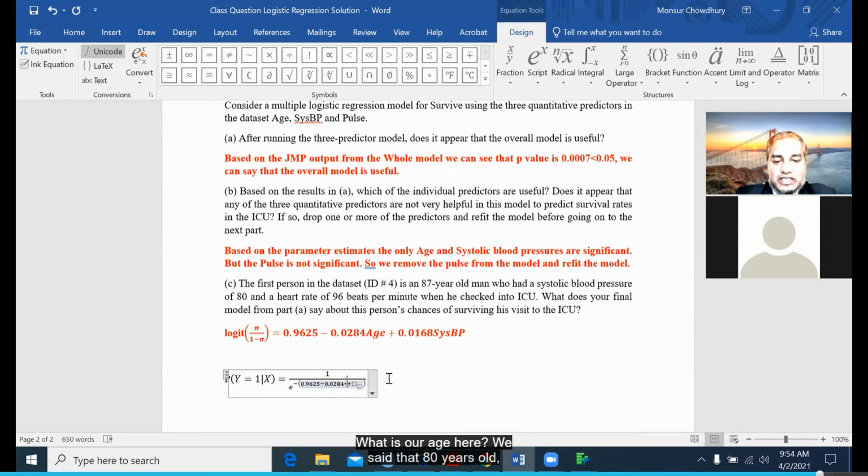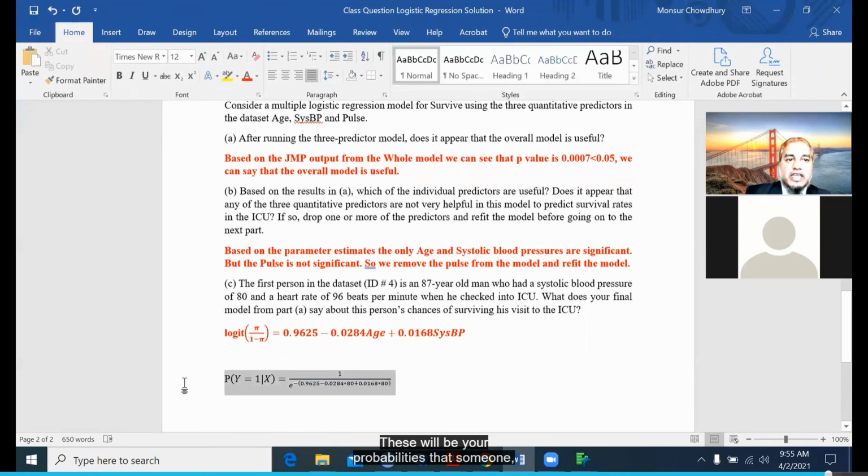We said that 80 years old, so we put 80 here. I am not putting exactly the formulas, I am just plugging in the values. 0.0168 times the value of the systolic blood pressure, you can see 80, so you plug in 80.